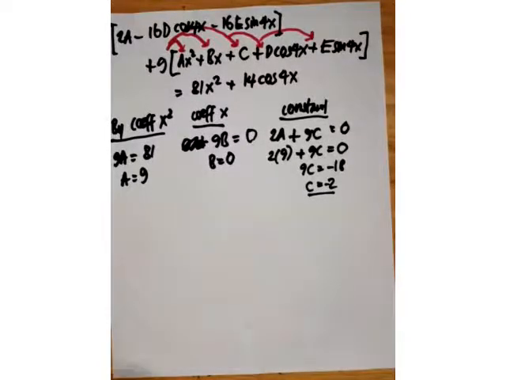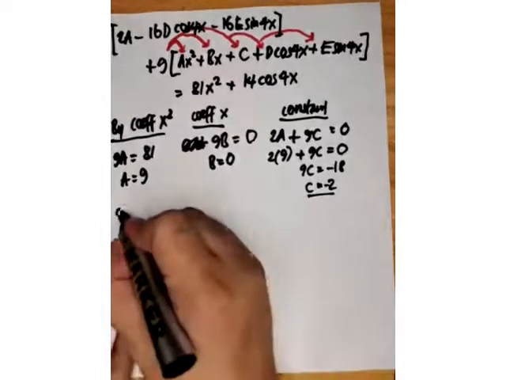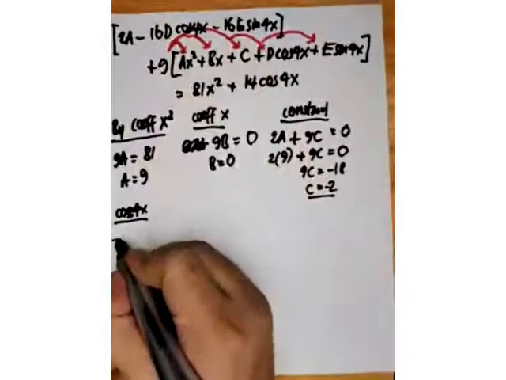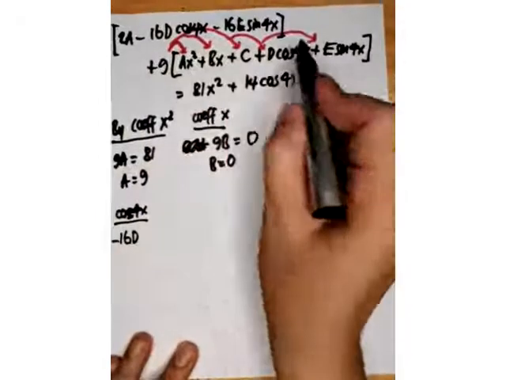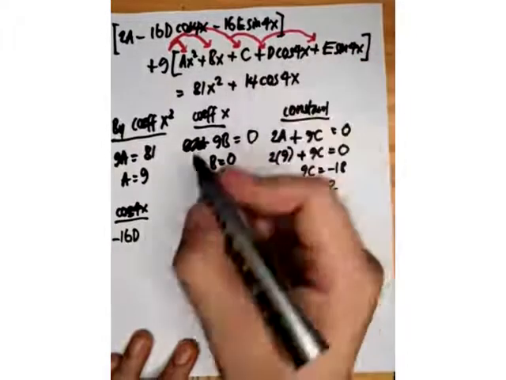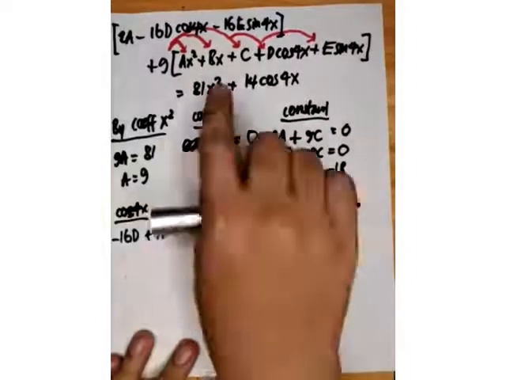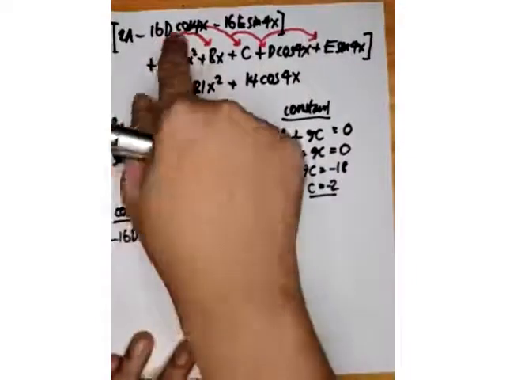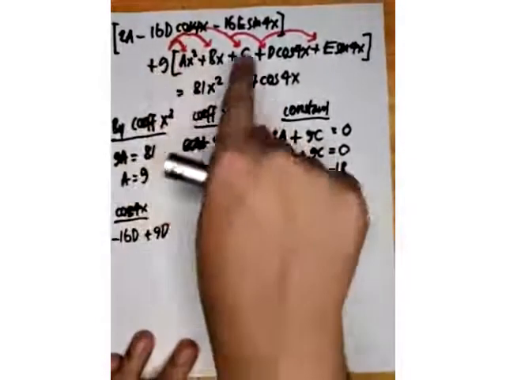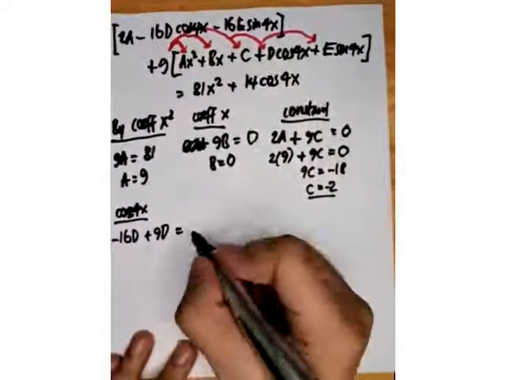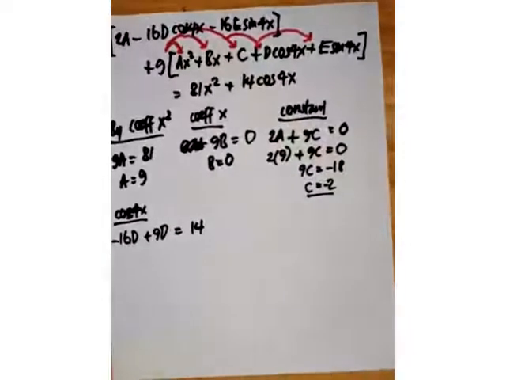Okay? Okay, next. So we have cosine 4x. So we have negative 16d cosine 4x plus 9d. Tama ba? Negative 16d plus 9d. Wala na. So that's equal to 14. Ayan. So negative 16 plus 9 is negative 7.